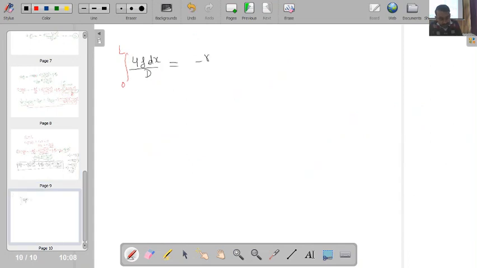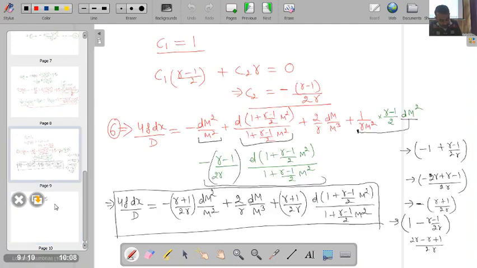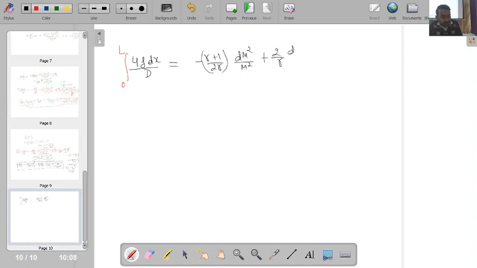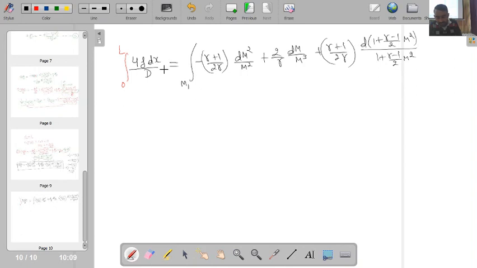So right hand side is minus (gamma plus 1) by 2 gamma dM square by M square plus 2 by gamma dM by M cube plus (gamma plus 1) by 2 gamma into d of 1 plus (gamma minus 1) by 2 M square divided by 1 plus (gamma minus 1) by 2 M square, and the limits of integration will be M1 to M2.